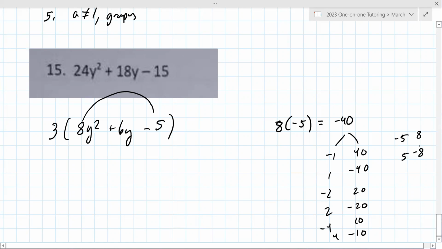Do any of these add up to positive 6? The -4 and 10. Yeah, so this is 8y squared, and remember we have a choice here, minus 4y plus 10y minus 5, or we can switch the order.